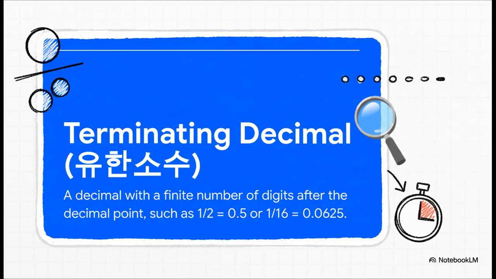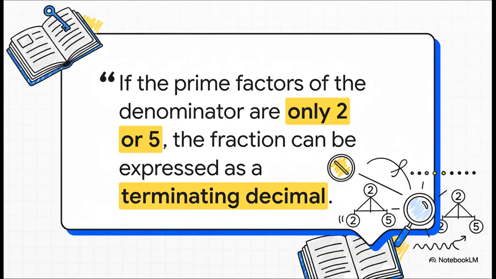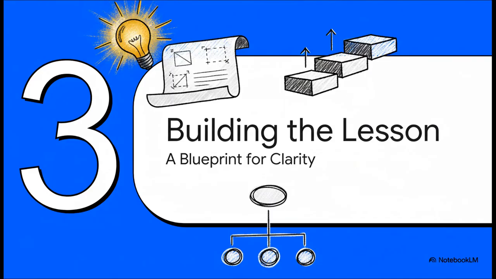For example, the fraction 1/2 is just 0.5. See, it has a clear endpoint. That's it. Simple, right? And here's the real magic, the clue that was hiding in the textbook all along. The secret, the key to the whole thing is hidden in just one place, the bottom number of the fraction.